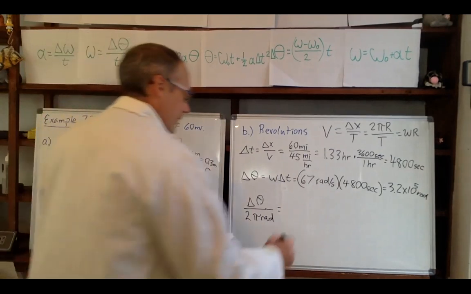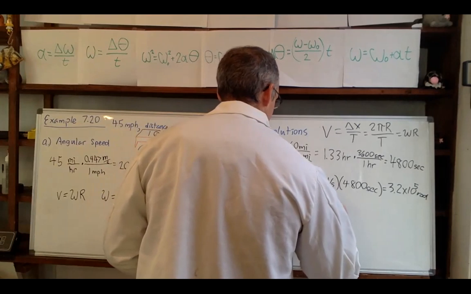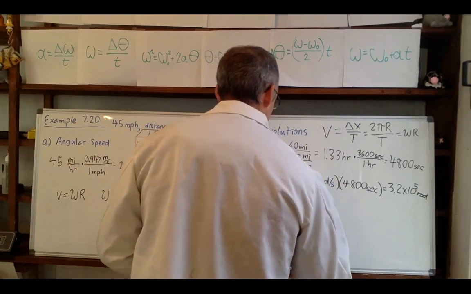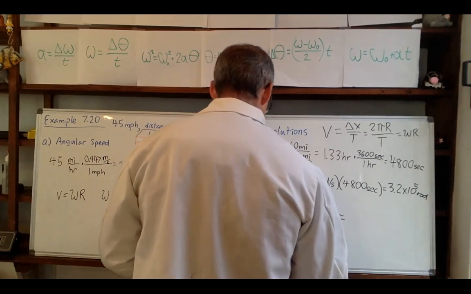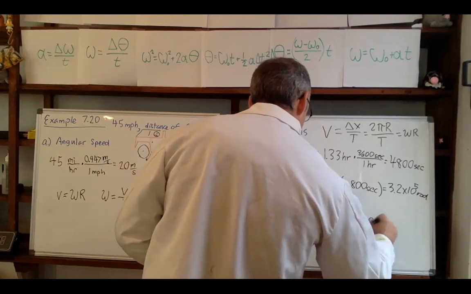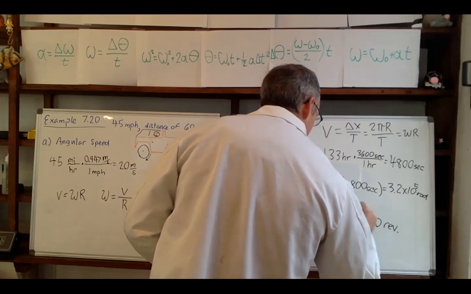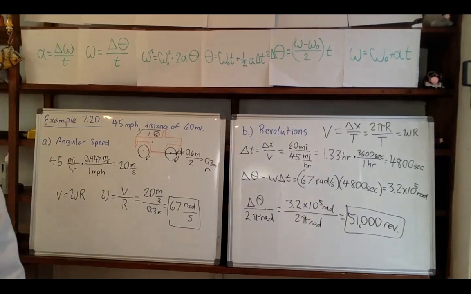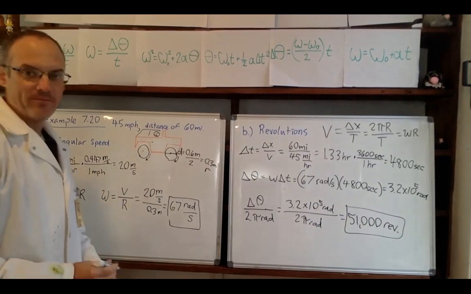So if you take your 3.2 times 10 to the 5th radians, and you divide by 2 pi radians, radians will cancel out, and we're just equal to the amount of revolutions. There it is. So your tire has rotated 51,000 times in that journey.